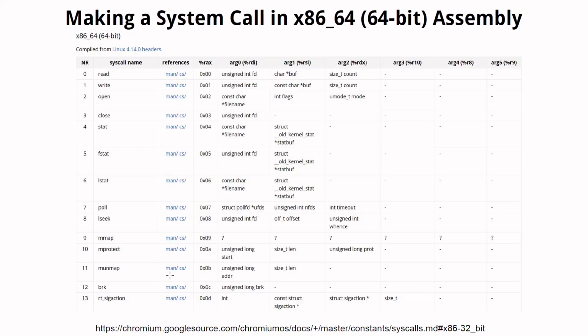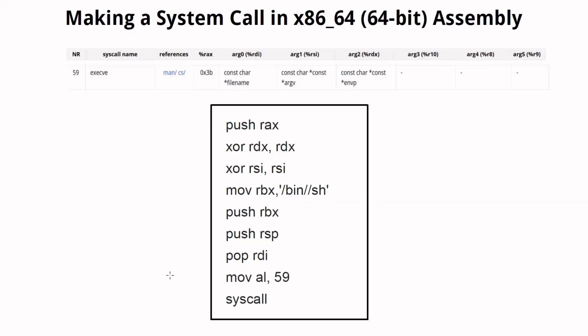So if you want to make a system call, you need to go to those tables to see what other system call numbers you want to use. So for a 64-bit machine, if you want the same system call, the system call number is not B in hex or 11 in decimal anymore. The system call number is 59.